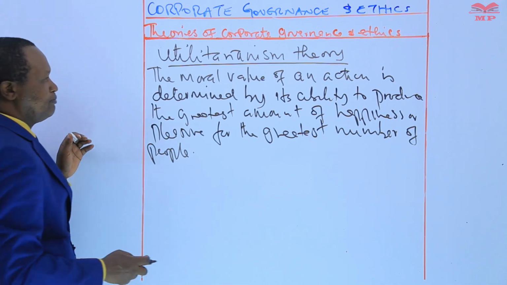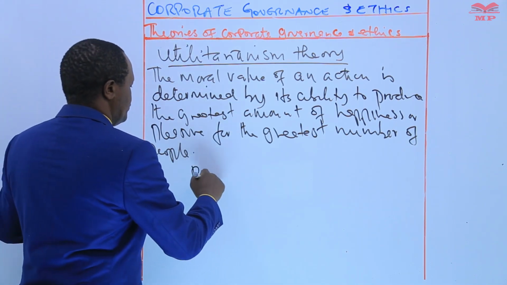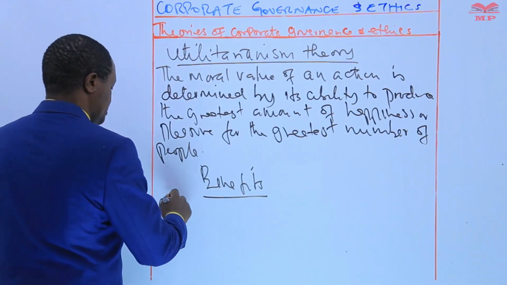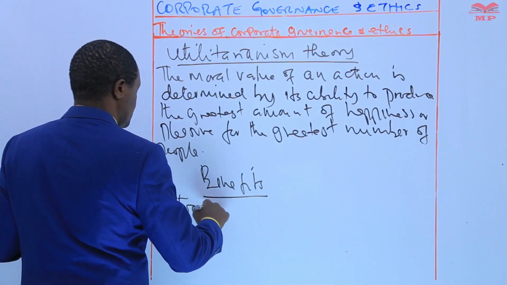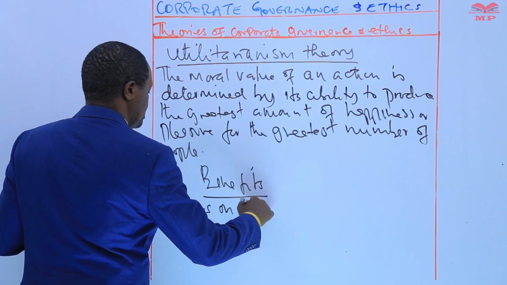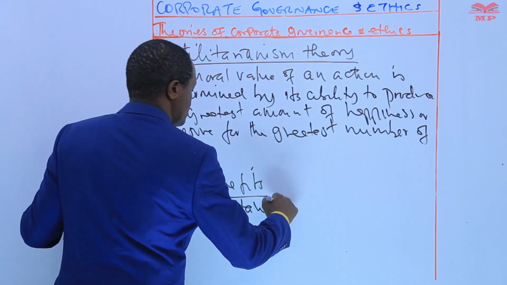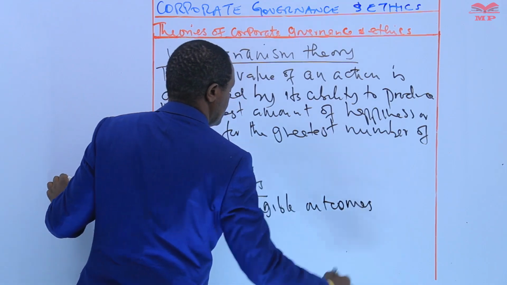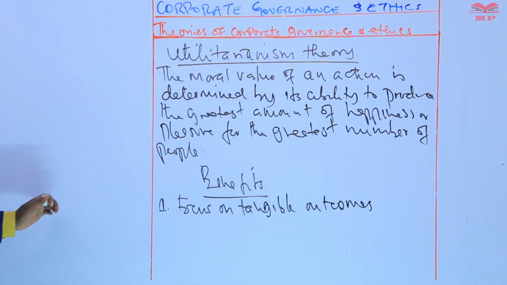So what are some of the benefits of this theory? Number one, focus on tangible outcomes. Focus on tangible outcomes is a benefit.